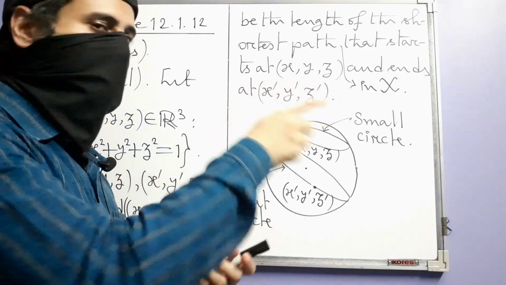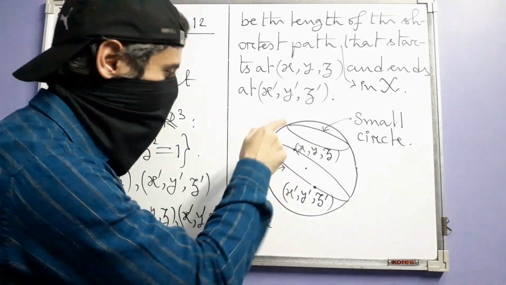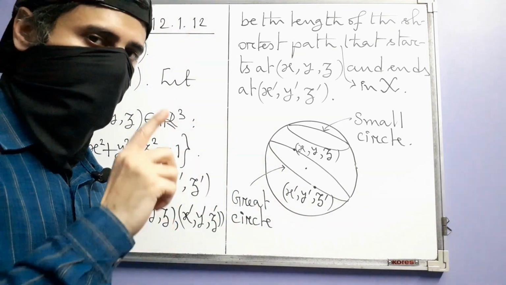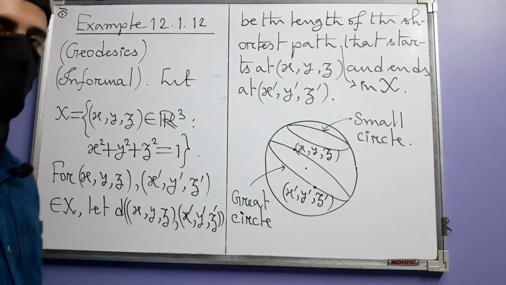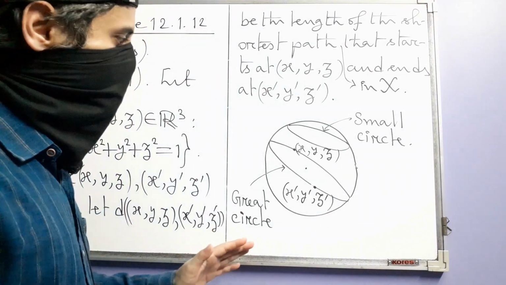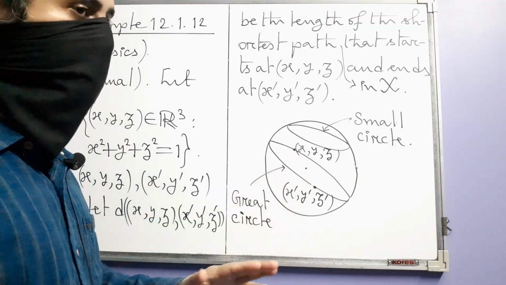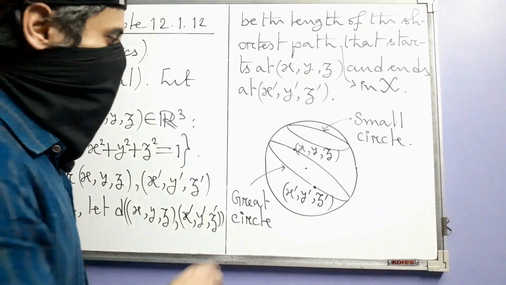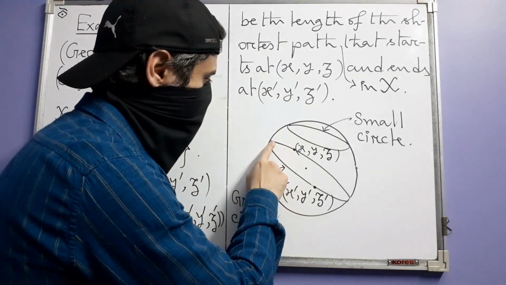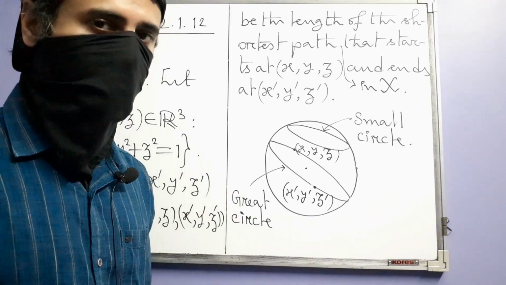Now there may be many routes. One of those routes will have the shortest length. That length is considered to be the distance between these two points. Now it turns out it's a fact that that length will be the length of an arc which lies on the great circle passing through those two points.